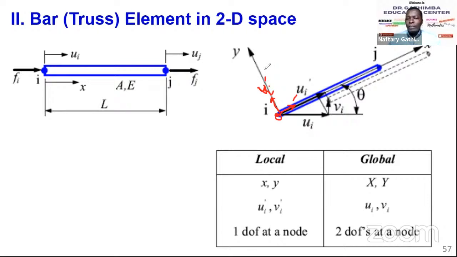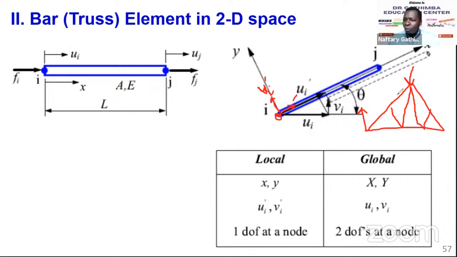Now, why we are concerned with this, we are going to see. For an element it is inconsequential because an element will only carry axial loading. But for our truss structure, the vertical component is important because now we are considering a combination of different elements.